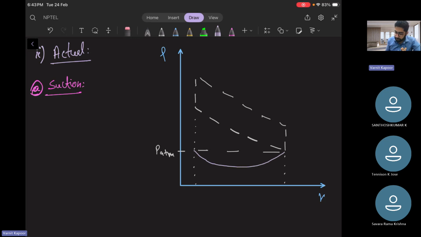Pressure is less, and finally when the whole air-fuel mixture has been filled, the pressure will reach atmospheric and there will be no more intake. Initially the pressure was less and the outer air-fuel mixture was at higher pressure, so the mixture tried to enter till the volume expanded, and then as the pressure built up and reached its atmospheric state, the whole suction process stops. So this was your actual suction process.